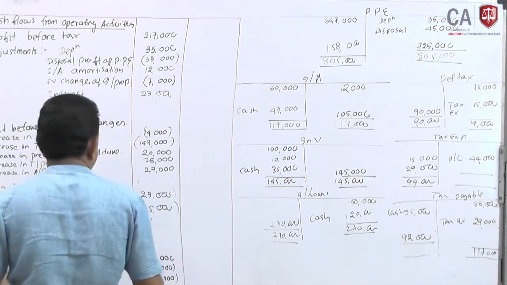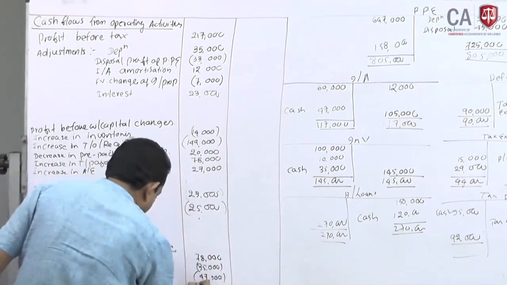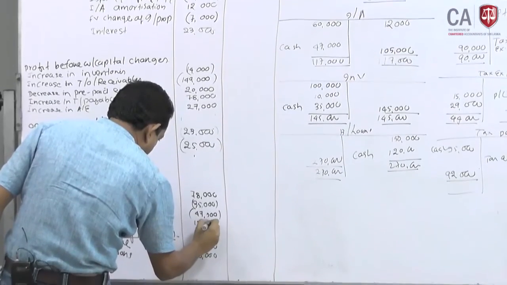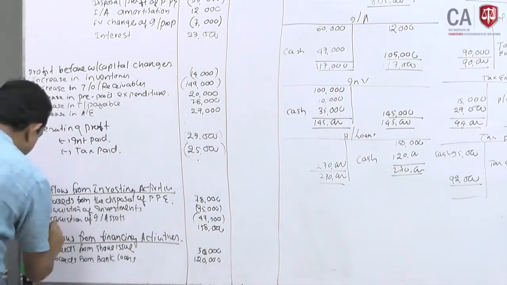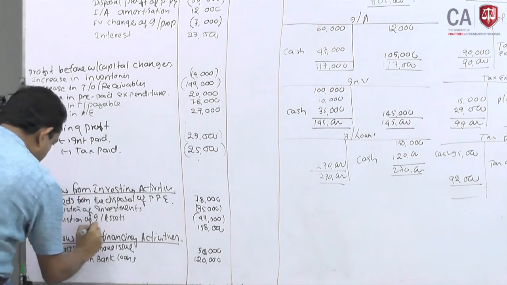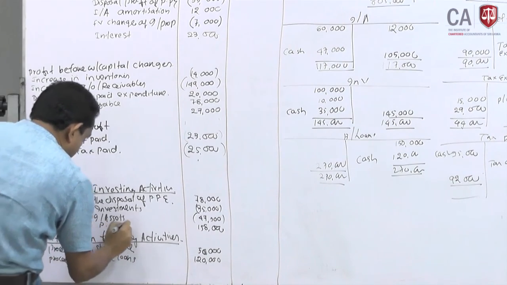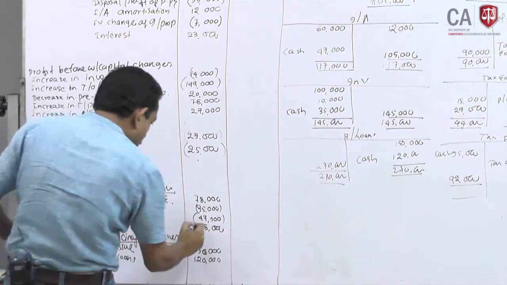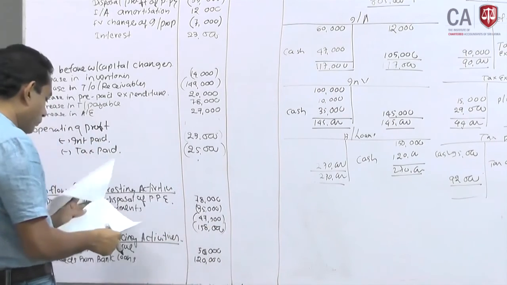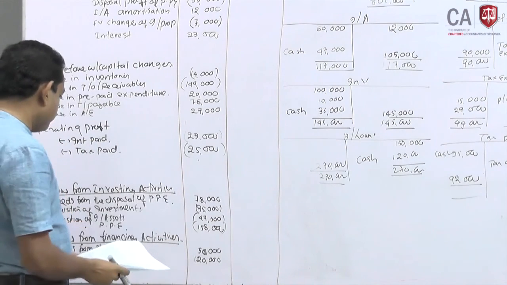Property, plant and equipment acquired for cash during the year should be 158,000, put it under investing activities. Acquisition of property, plant and equipment 158,000 should be a cash outflow, we will put that within brackets. 158 was taken.